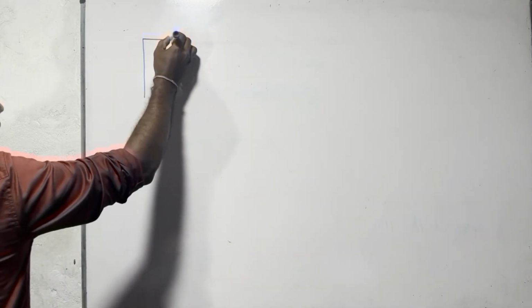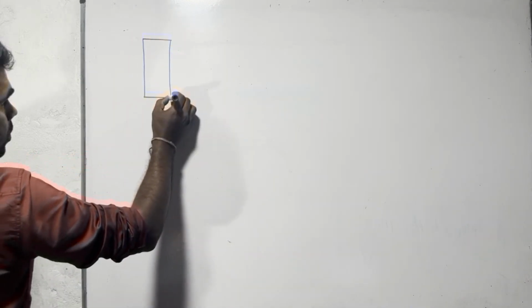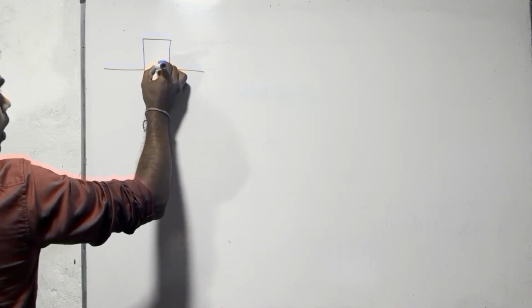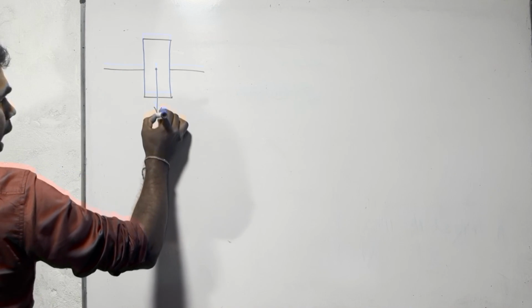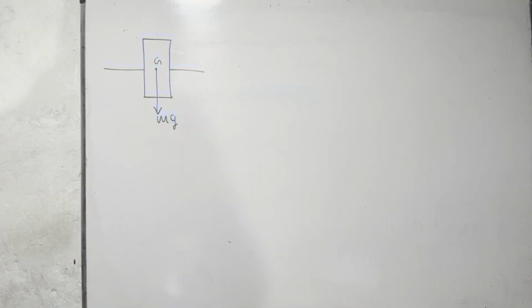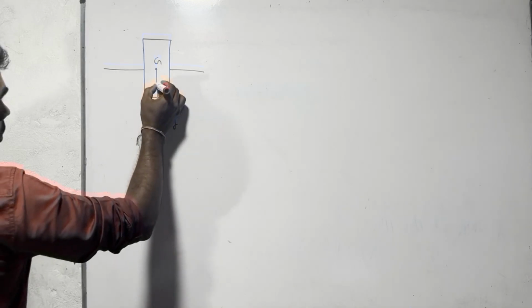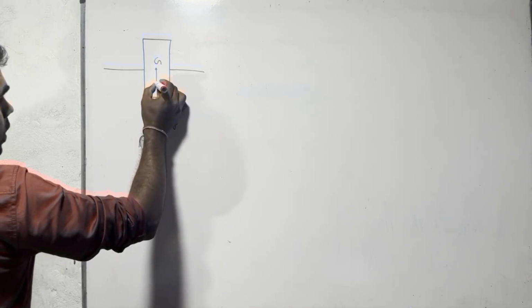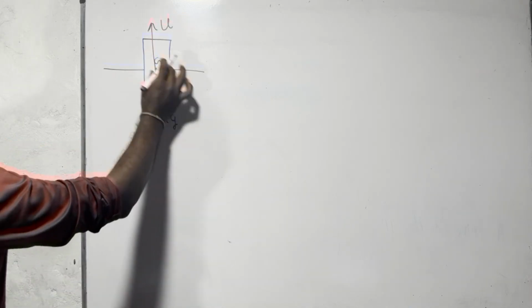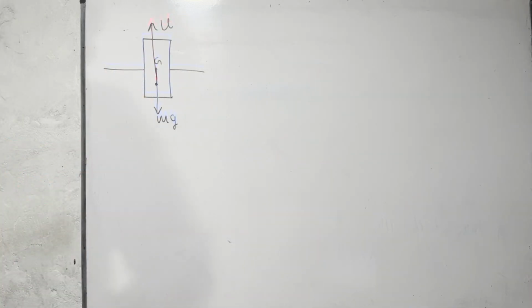When considering a cylindrical object which is immersed in a fluid, weight is acting from the center of gravity. Upthrust is acting from the center of buoyancy. It is like the midpoint of the immersed part.